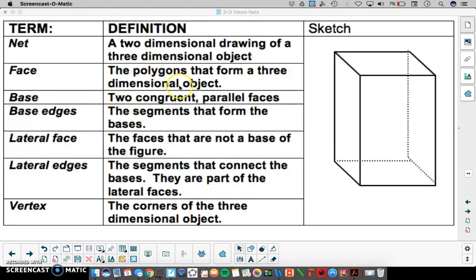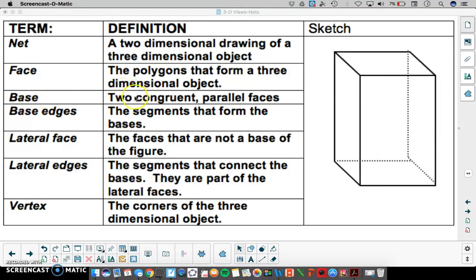A face of this object is going to be the polygons that form a three-dimensional object. So notice here in this rectangular prism, all of these rectangles would be considered faces of this rectangular prism. So we have 1, 2, 3, 4, and then the top and bottom make 5 and 6. So we have 6 faces in this rectangular prism.